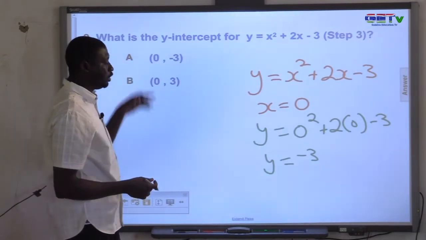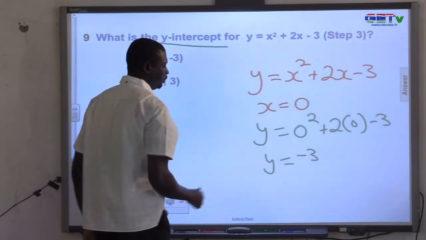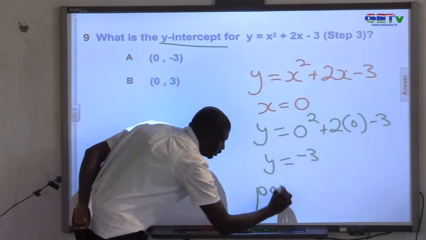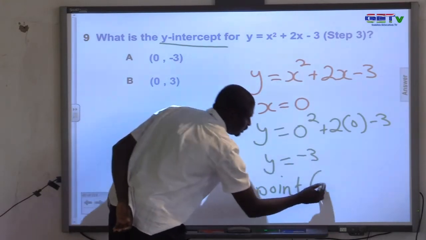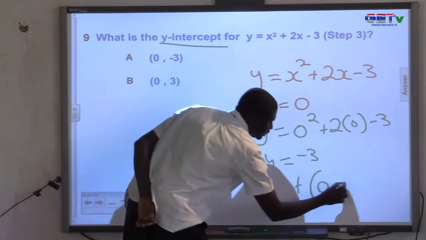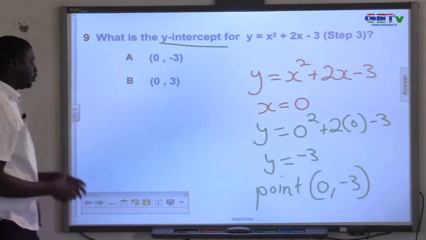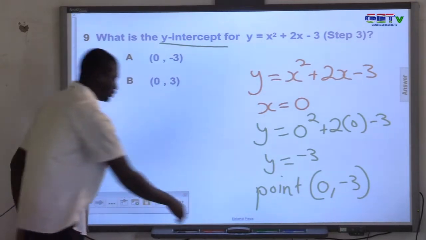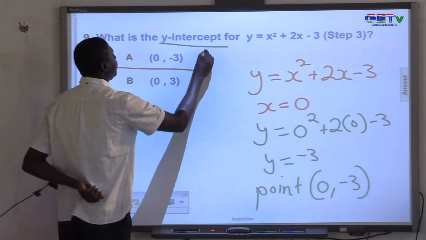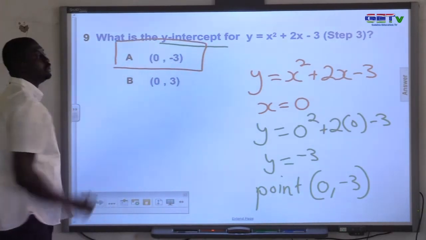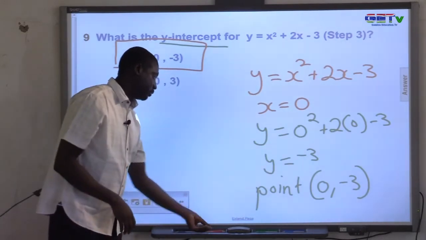So the coordinate point for the y-intercept is when x is 0, y is negative 3. The correct option is option A. That is our y-intercept.